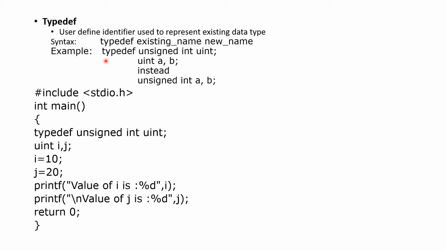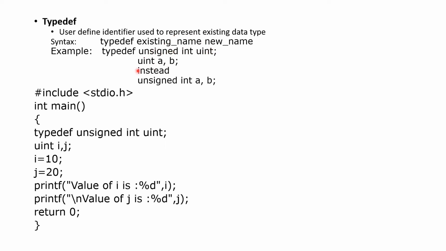For example, typedef, which is a keyword, and after that I write unsigned int. It means this is the existing data type and I am giving the new name uint, which is given by the user. You can give any name here, and this is the existing data type. Now after that you can use uint as a new data type, which indirectly says that it is an unsigned integer.